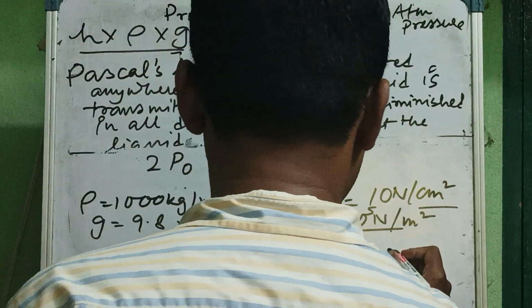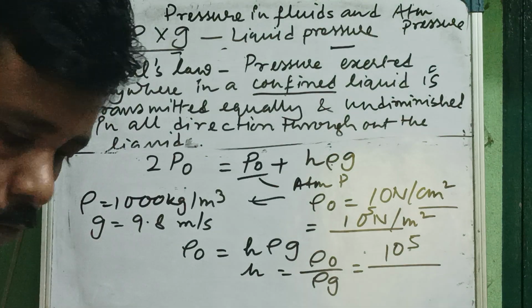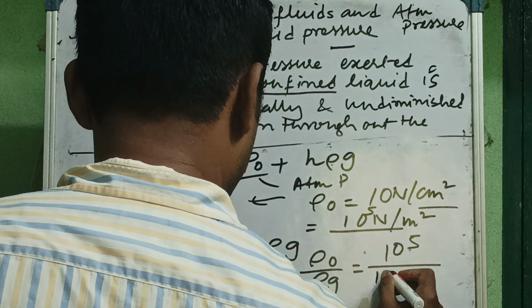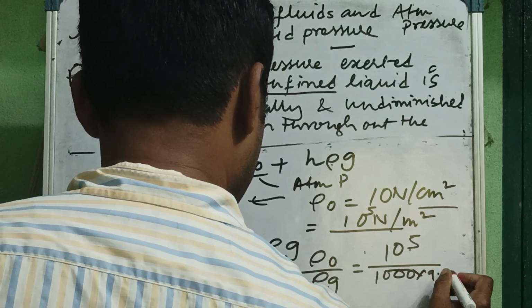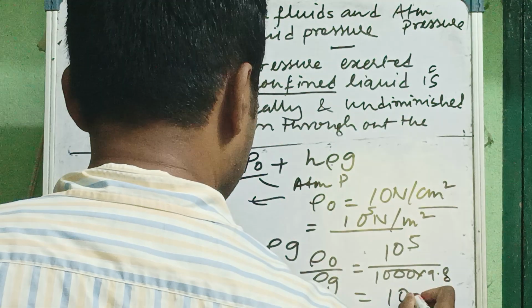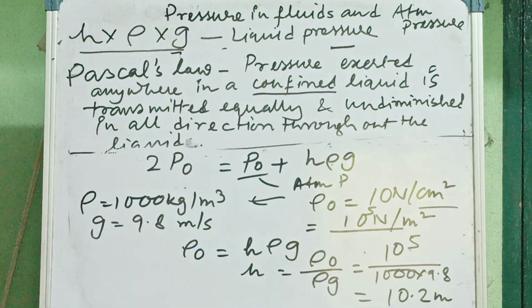So atmospheric pressure is 10 to the power 5 divided by density into g, that is 1000 into 9.8. We get the answer as 10.2 meter.